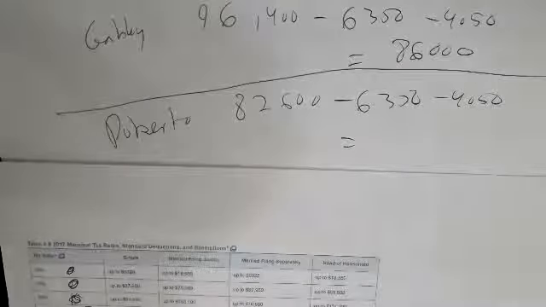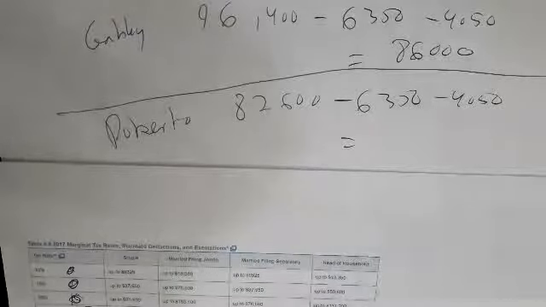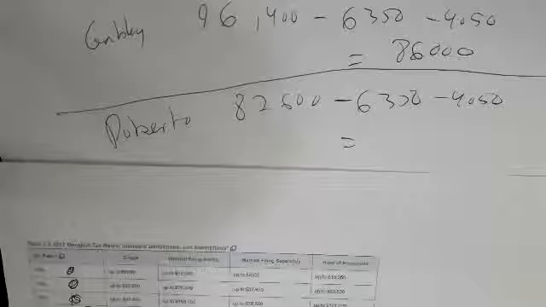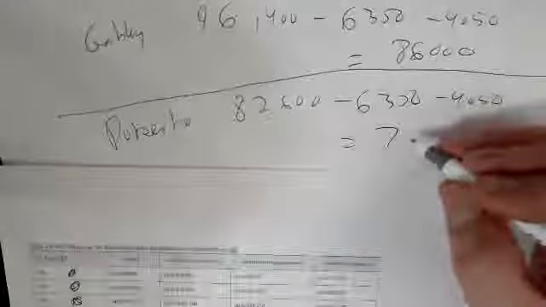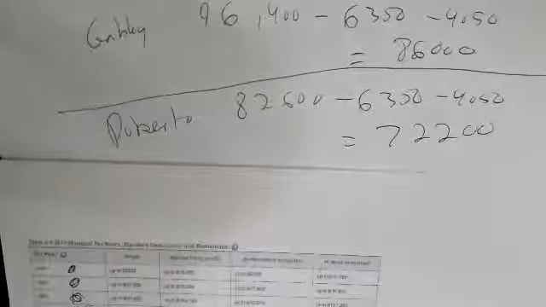So it looks like Gabby's got 86,000, which is 96,400 minus 6,350 minus 4,050. Roberto is 72,200.